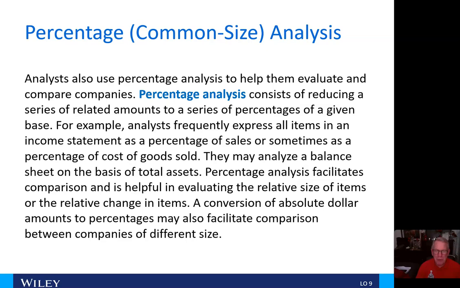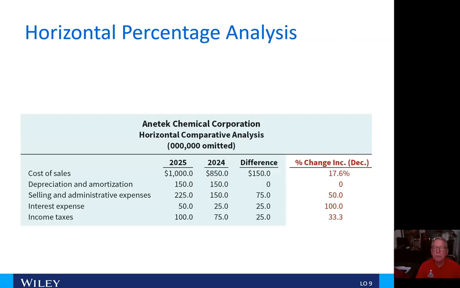Rarely, but sometimes. They may analyze a balance sheet on the basis of total assets. Percentage analysis facilitates comparison with other companies and is helpful in evaluating the relative size of items or the relative change in items. A conversion of absolute dollar amounts to percentages may also facilitate comparisons between companies of different sizes.